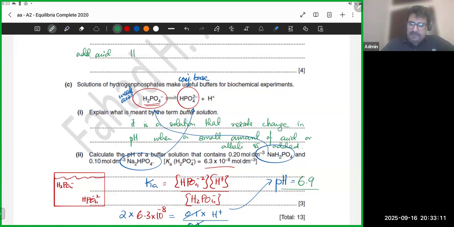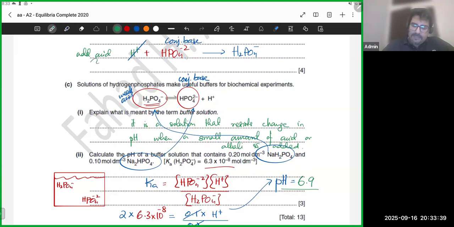If you add H plus 1 ions, then remember the conjugate base is the one that's going to accept it. In our case, the conjugate base is HPO4 minus 2. This equilibrium is going to shift backwards, right? It's going to accept it and form H2PO4 minus 1. That's your equation. That is how the conjugate base neutralizes the added acid.